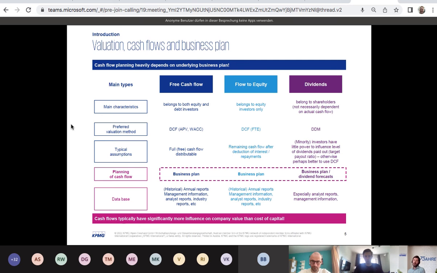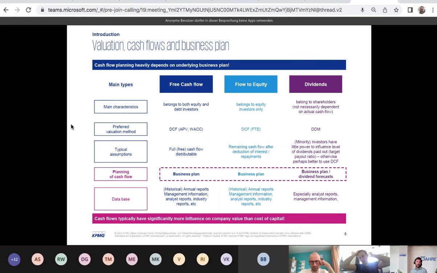You would plan the free cash flow based on a business plan. You would create a business plan, make sound assumptions regarding revenues, EBITs, and so on, and think about growth.